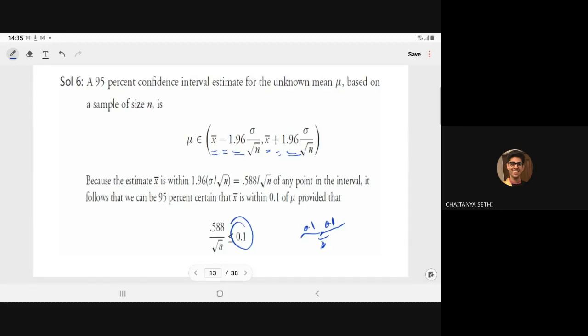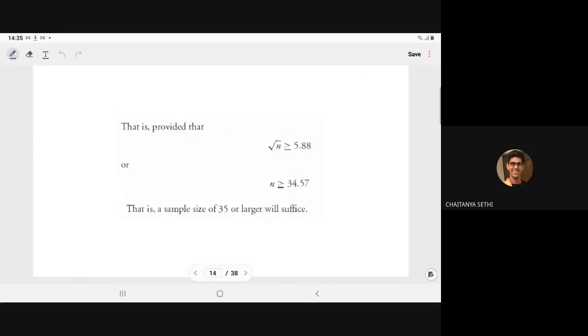Just take the square on both sides, so root n is greater than or equal to 5.88, or n is greater than or equal to 34.57. As I have told you, we always take the ceiling value. So the sample should be 35 or more, so that you can find the true mean in between.